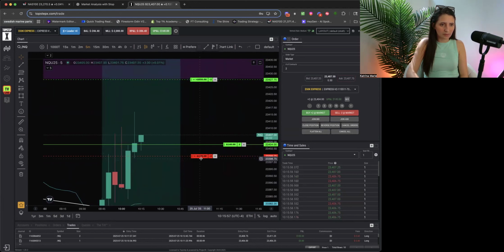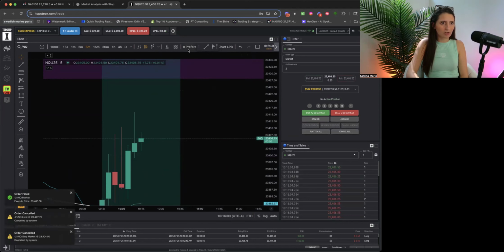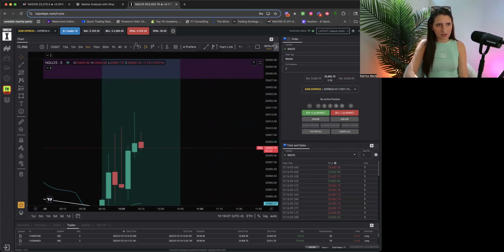God, I can't zoom in. Let's grab another 100. I was supposed to grab 150, but instead it closed out a little bit less. So, okay, I got $60. Better than nothing.